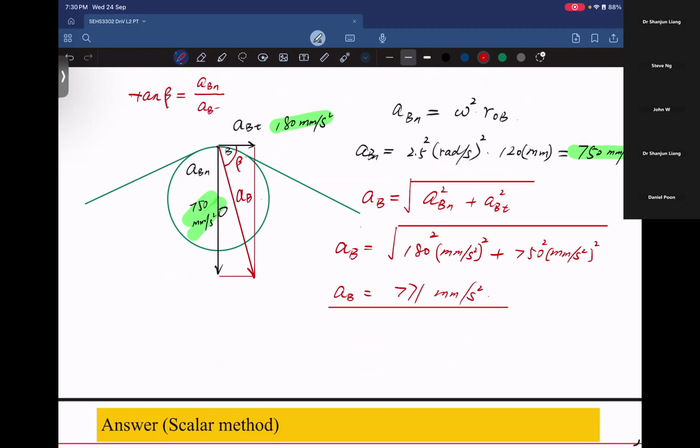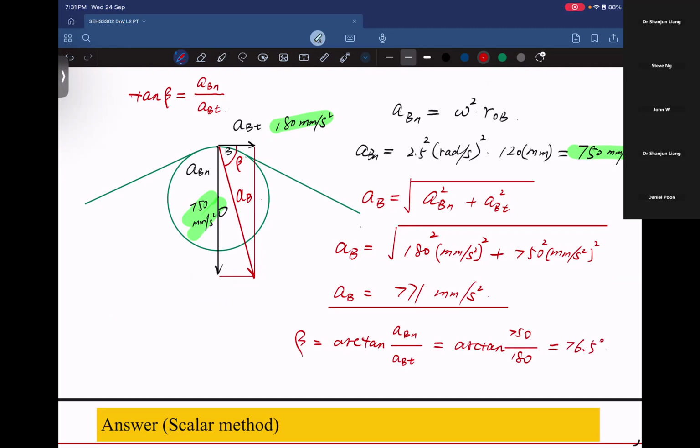Therefore, beta is arctangent of 750 over 180, so it is 76.5 degrees, and this is the angle.